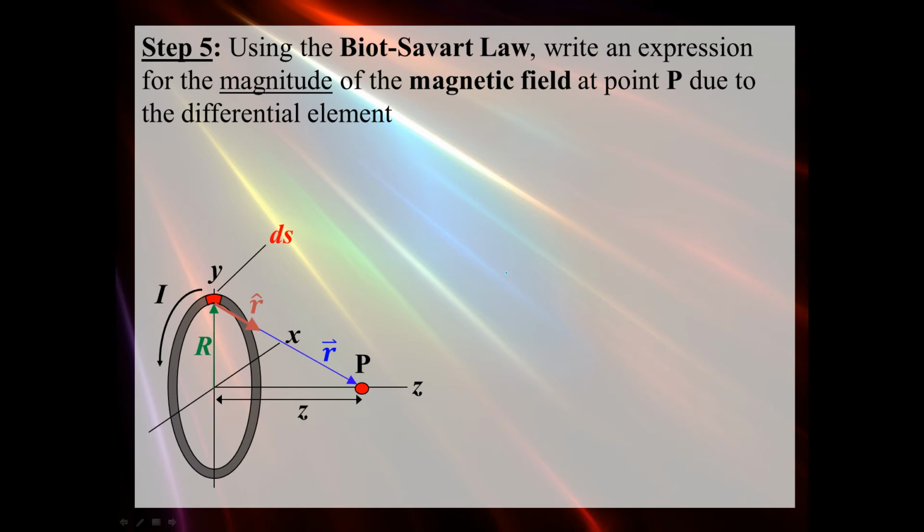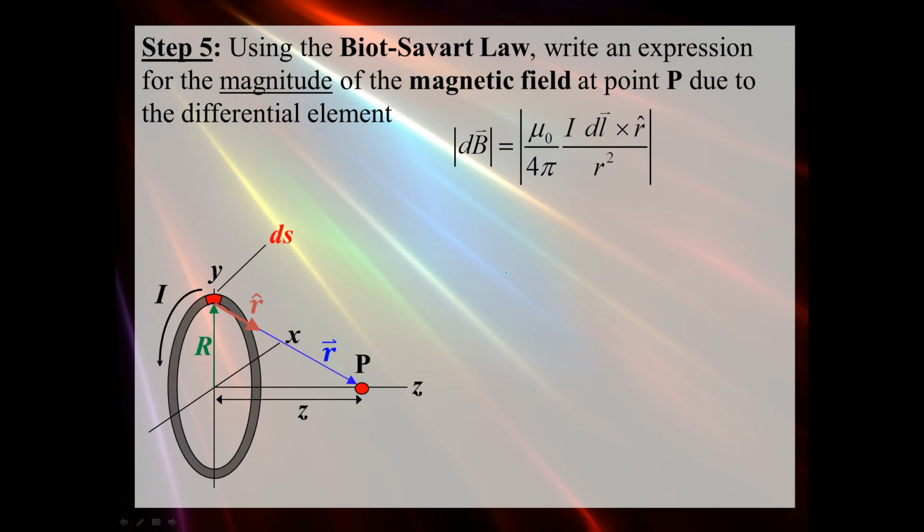Step 5. So what we've done now is we've set up all the work that's necessary to deal with the Biot-Savart law. So we'll start off by writing down the Biot-Savart law as it's written on the formula sheet. We'll write it down in terms of magnitude, so we're just going to put everything in absolute value.